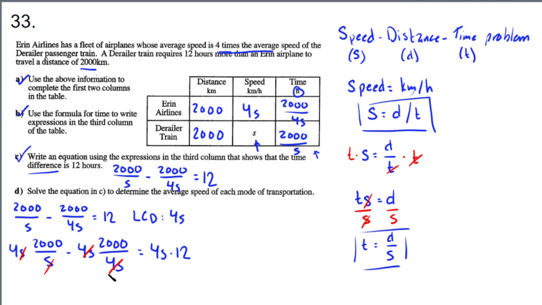So now what are we left with? Well, 4 times 2,000. So the first term turns into 8,000. The second term is just going to be 2,000. That's all that's left there. And 4s times 12 is 48s.